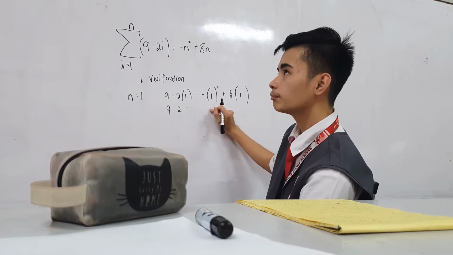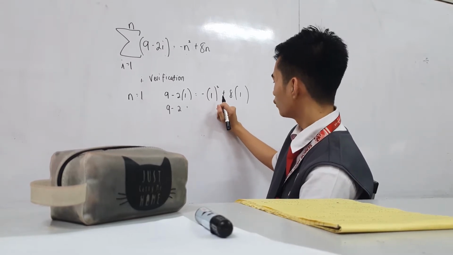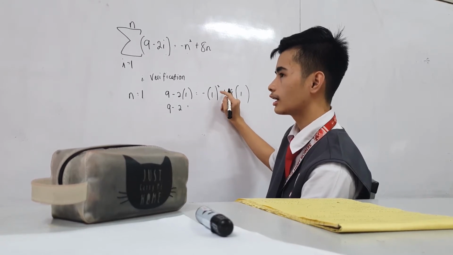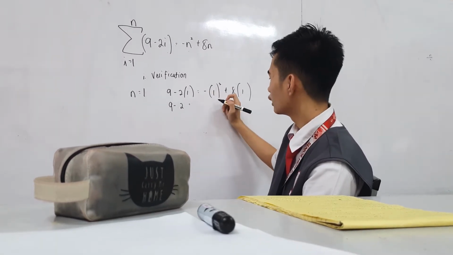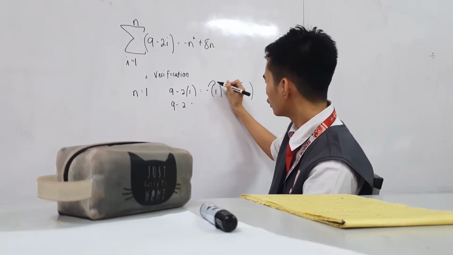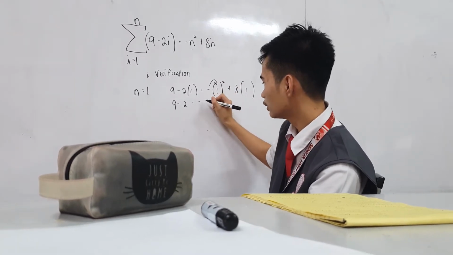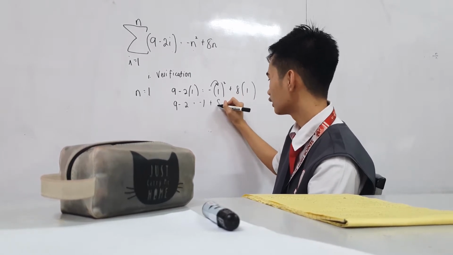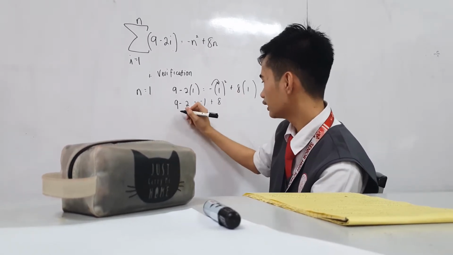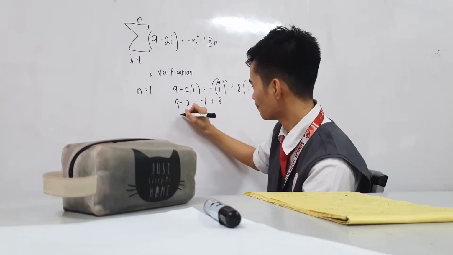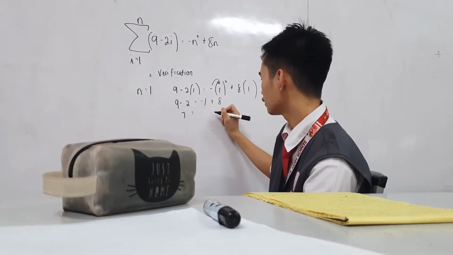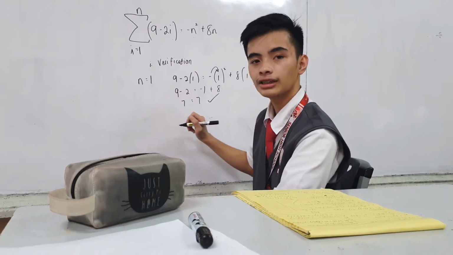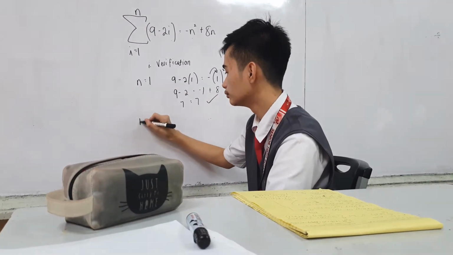And by following the PEMDAS rule, we first need to apply the exponent. 1 squared is 1, then distribute, which is going to be negative 1 plus 8 times 1 is 8. Then just add. 7 is equal to 7. Check. Now let's try it on n is equal to 2.